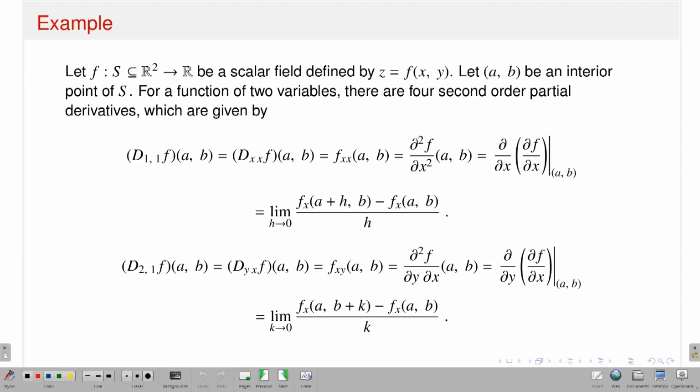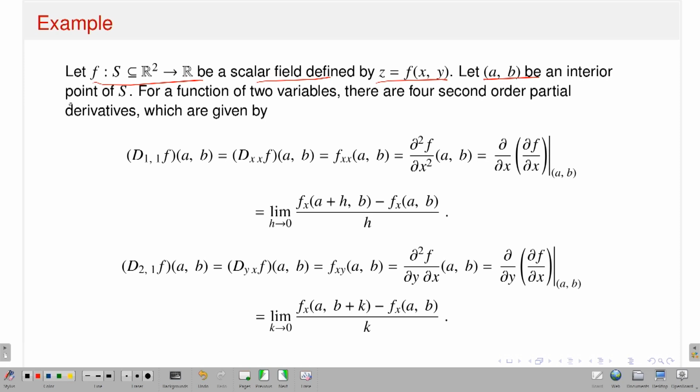Look, I have given an example, just to have the notation and give the proper meaning of the notations. Let f be a function from a set A, a subset of R2, to R, a scalar field, defined by f of x y equal to z.